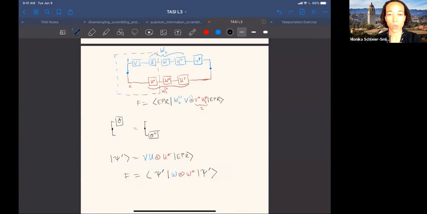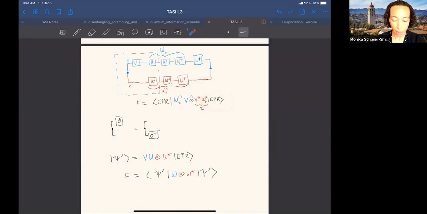But it turns out there's also, if what you care about is not specifically how much information has spread between two points, but just some kind of average out of time order correlation, so averaging that correlation function over all possible operators, which gives you a generic measure of scrambling, there's a protocol that's essentially based on quantum teleportation, taking advantage of having this entangled state, that gives you a measure of this average out of time order correlation function that quantifies scrambling in the system.